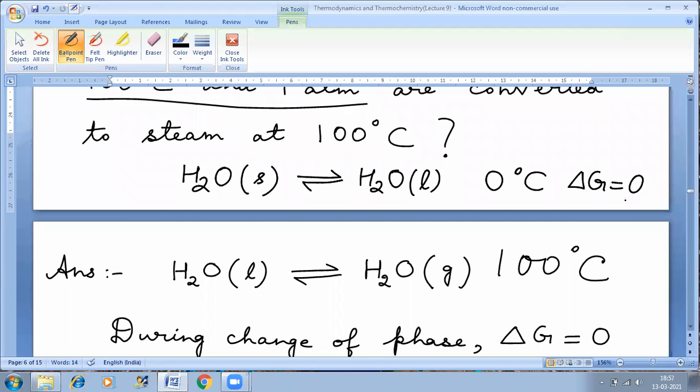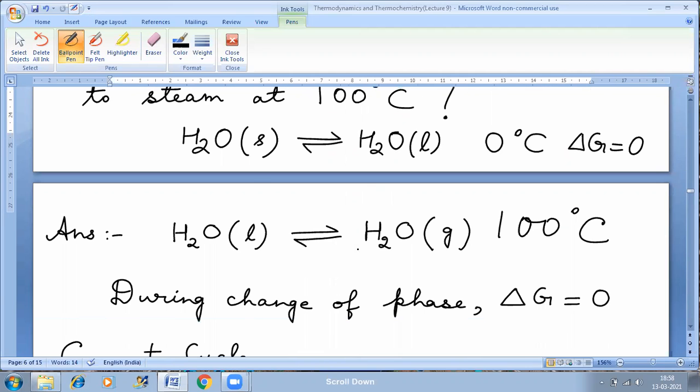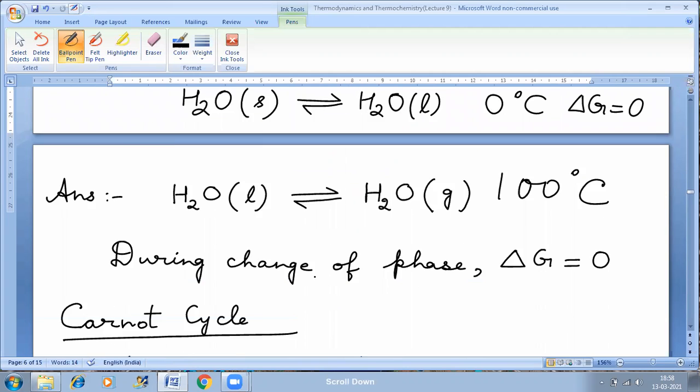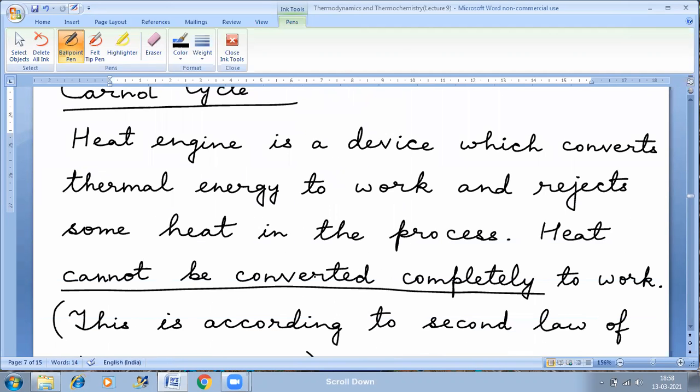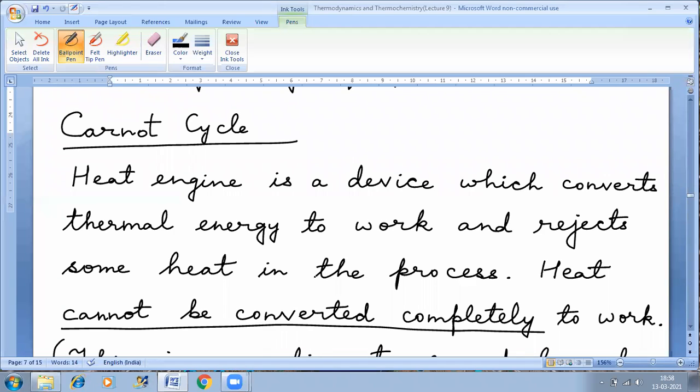So for any kind of phase change occurring at a constant temperature and pressure, delta G is equal to 0.